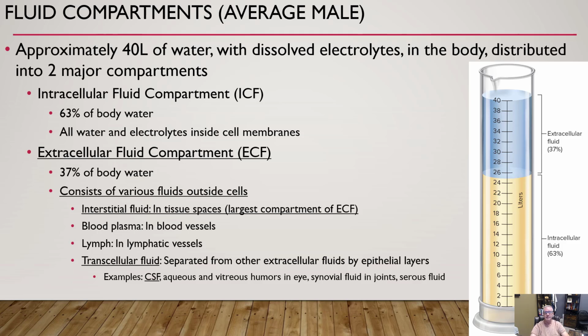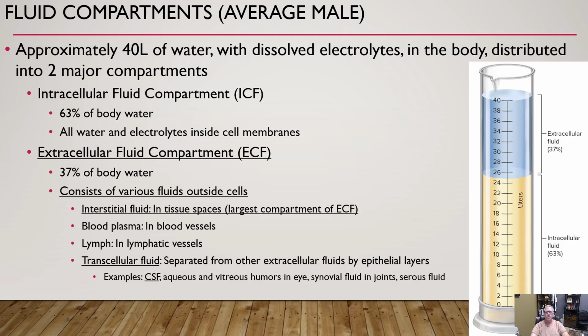Transcellular fluid, again, it's not inside of a cell, but it's not free floating like in plasma or in interstitial fluid, and it's still separated by epithelial membranes or epithelial layers.